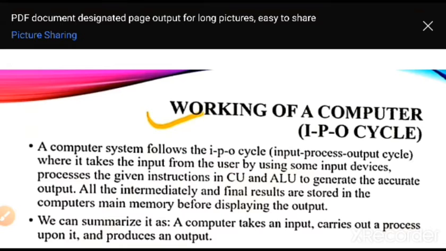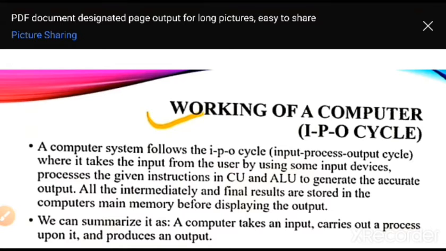Working of a computer. A computer system follows the IPO cycle, where it takes the input from the user by using some input devices, processes the given instruction in the CU and ALU to generate the accurate output.